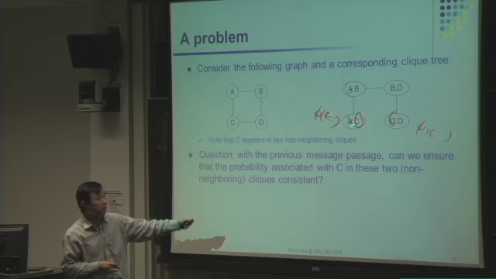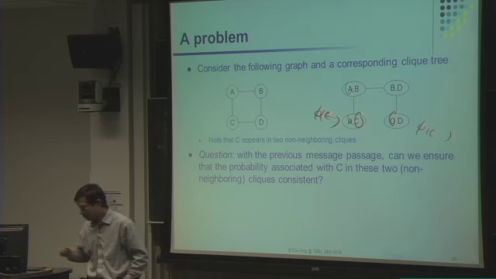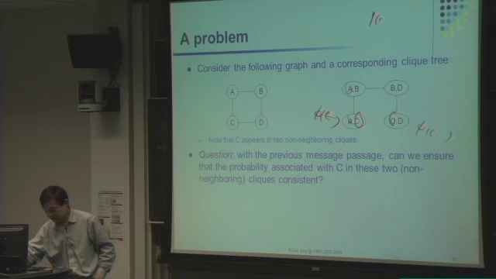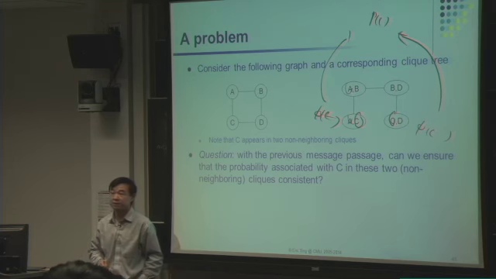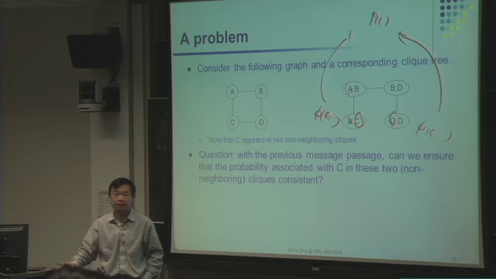Because they are not adjacent to each other. So I still have two ways of computing the P of C, okay, from this clique and from that clique. So now I ask, do I have a mechanism to ensure that they are consistent? Any comment?